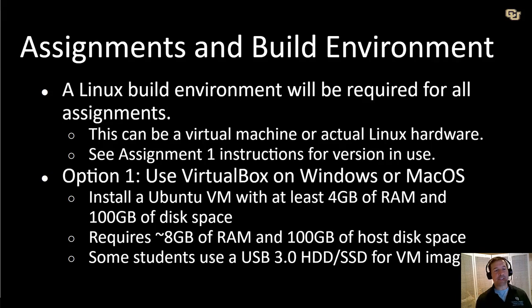But if you are using a virtual machine, you'll need to have roughly double that amount of space available on your host. So if you're using 4 gigs of RAM, you'll probably need about 8 gigs of RAM on your host. And if you're short on host disk space, you can also successfully use a USB 3 hard disk drive or especially a solid state disk for virtual machine images. And that will work as well.